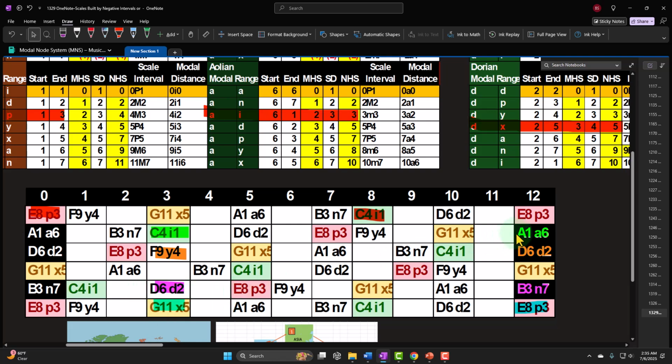If I was on the Aeolian going backwards, 1, 2, 3, 4, 5 modal half steps backwards, distance 1, 2, 3, 4, 5, 6, 7, 8, 9. Going forwards from the Aeolian, 1, 2 modal half steps going forward, or 3rd scale degree. If I make this the 1, 1, 2, 3 total distance going forward.